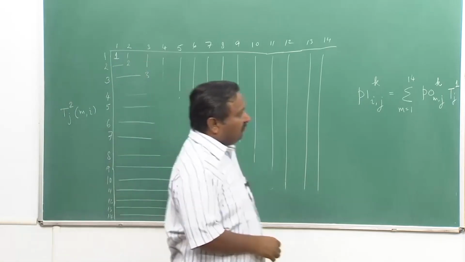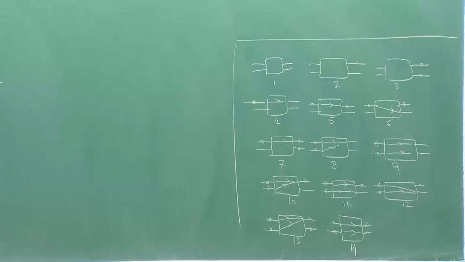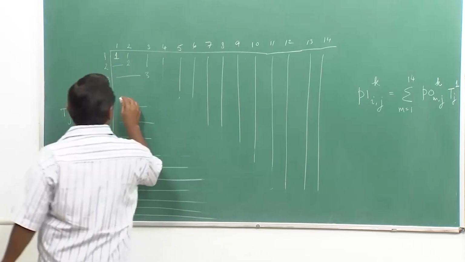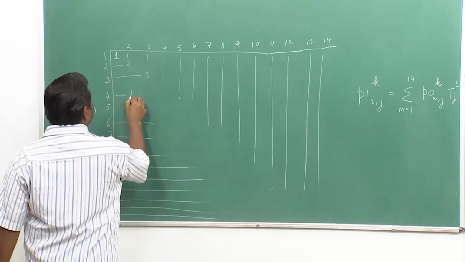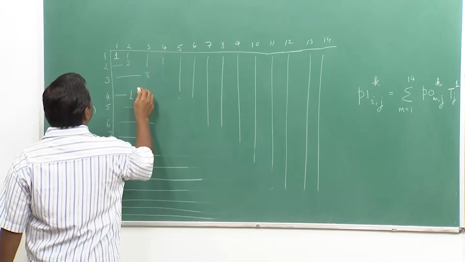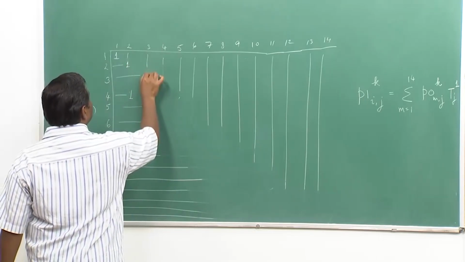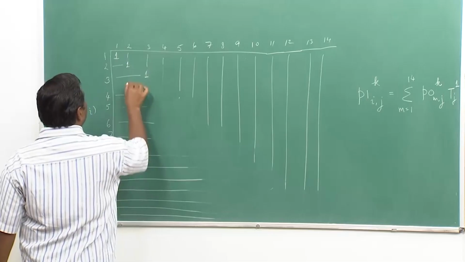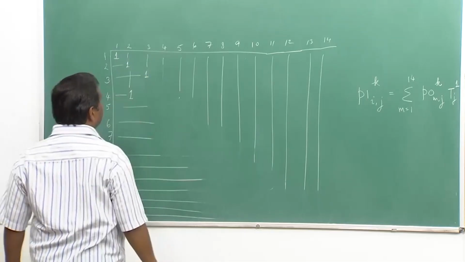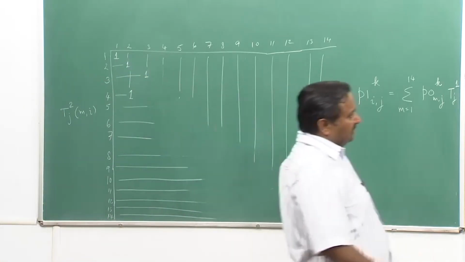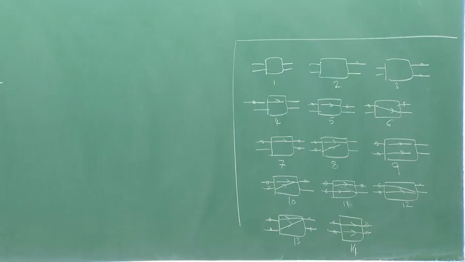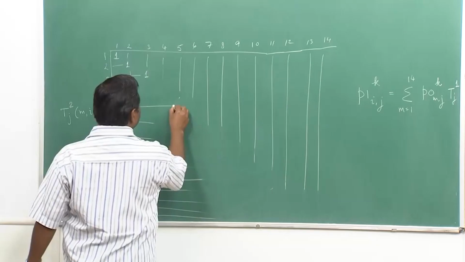You are in state 4, then your packet actually will move to the output side and you will come to state 2, okay. So, from 4 you will be able to come to state 2, so this is a transition probability, which is 1. So, with probability 1 you will be coming to state 2 from 4th state. From 5th state there is no possibility, 5th to 5th you will remain.